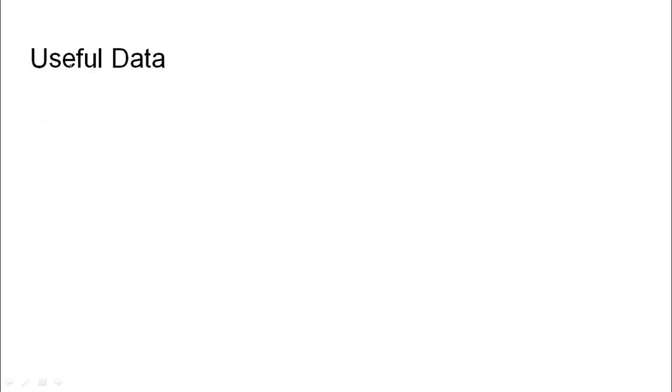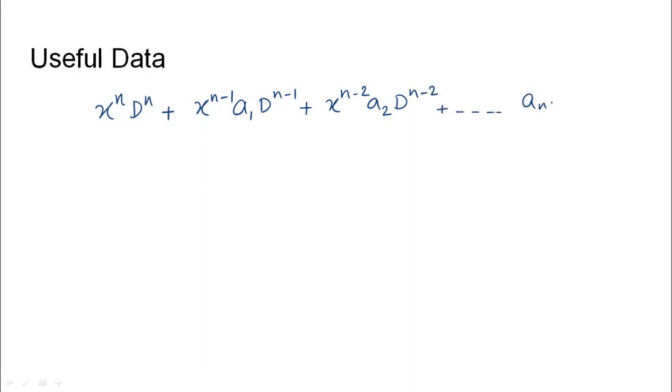Coming to the useful data for this problem, if we are given a differential equation which is x to the power n d to the power n plus x to the power n minus 1 times a constant a1 into d to the power n minus 1 plus x to the power n minus 2 a2 d to the power n minus 2 and so on till an, this whole term multiplied with y equals 0.